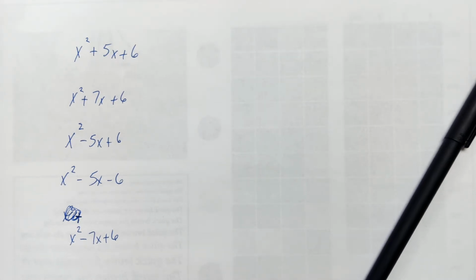That's the idea. What two numbers multiply to 6, add to 5. And for the second one, add to 7. And for the next one, multiply to positive 6, add to negative 5. Yeah, confused means you're learning.